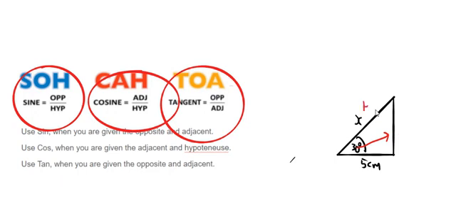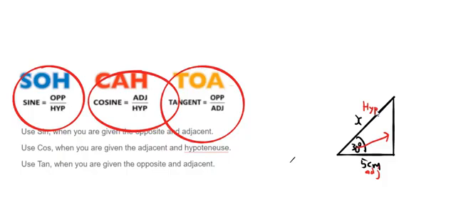The hypotenuse is the long side, so x is the hypotenuse, and 5 centimeters then has to be the adjacent. So in this question, you're working with adjacent and hypotenuse. Even though the hypotenuse is an x, you're not actually given a value for it. That's what you'll be working out. But you're dealing with the adjacent and you're dealing with the hypotenuse.